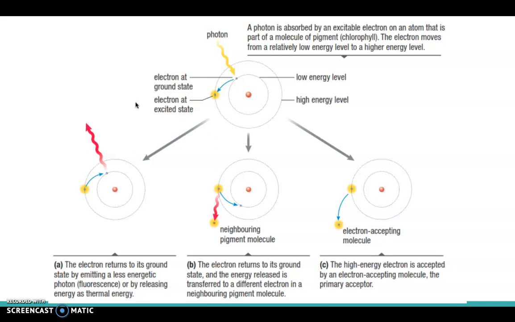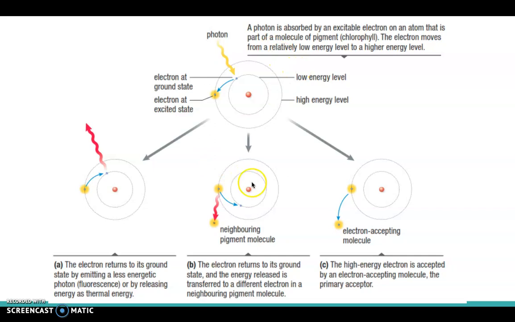So this slide here is explaining three different things that can happen when your electron becomes excited by the energy of a photon coming in. So essentially what happens when solar energy hits a pigment? That photon of light hits the atom of that pigment, and there are different electrons in different energy levels.